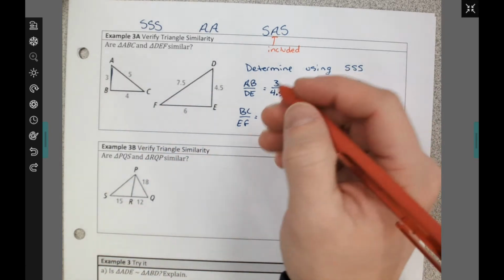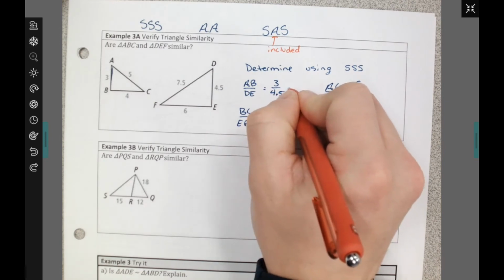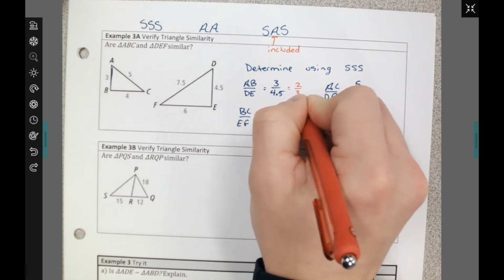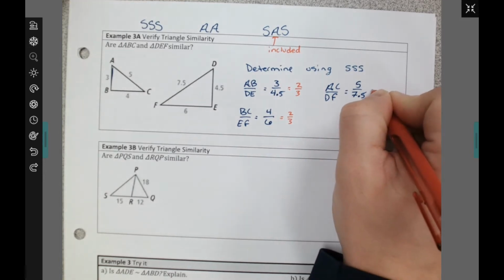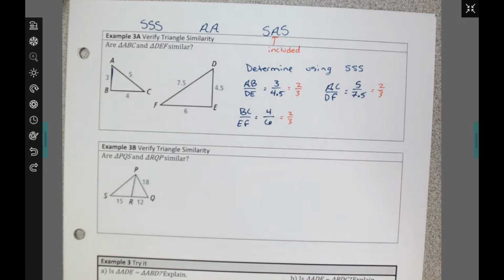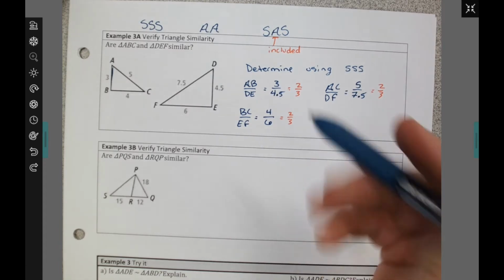From there, if we simplify these fractions using a calculator, they are all going to work down to 2/3. And since they all equal the same thing, that would be my scale factor in this case. To get from one to the other, we would multiply by 2/3. We can go ahead and say that they are similar. So we're going to write a similarity statement.